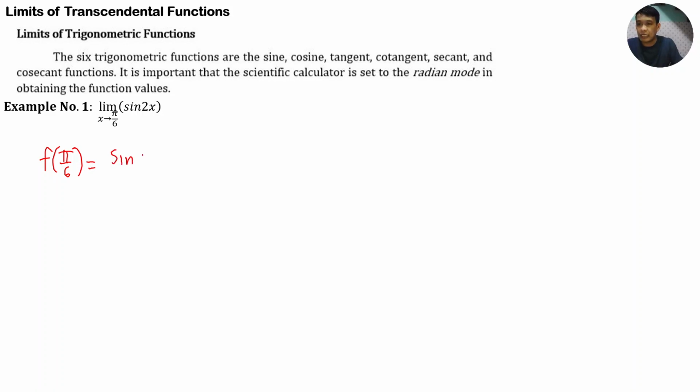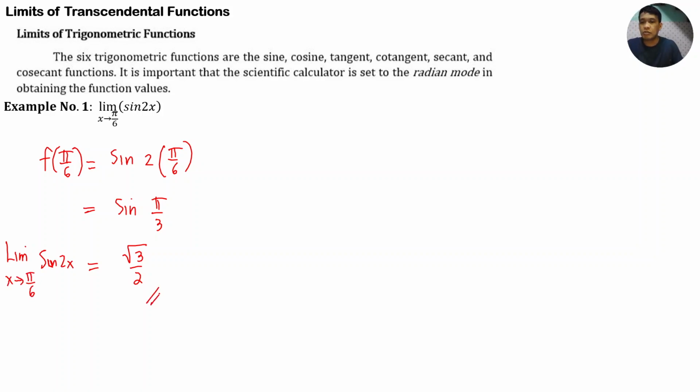So, magkakaroon tayo ng sine 2 times pi over 6. So, this gives us sine pi over 3. And sine pi over 3 is sine 60 degrees. And sine 60 degrees is the square root of 3 over 2. So, therefore, limit of sine 2x as x approaches pi over 6 is equal to square root of 3 over 2.